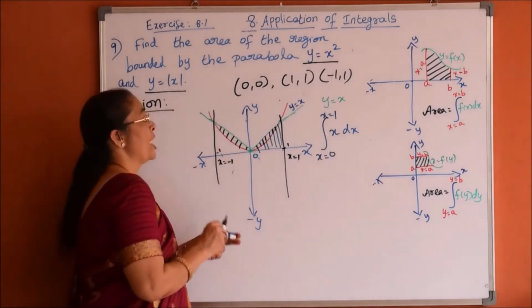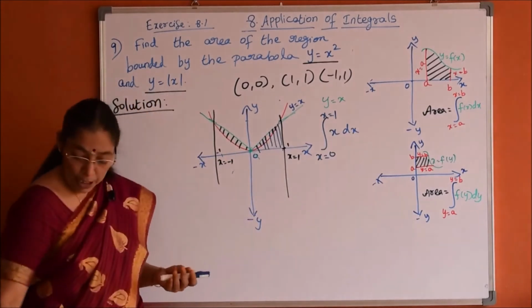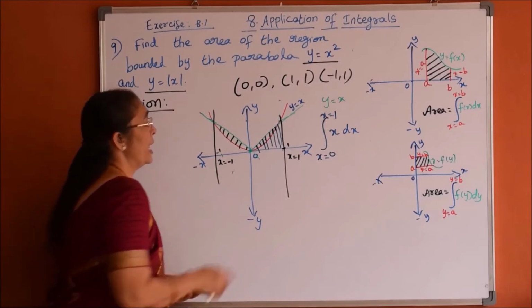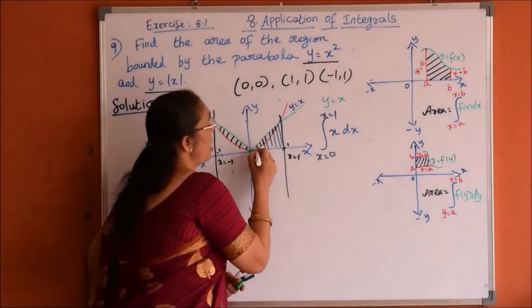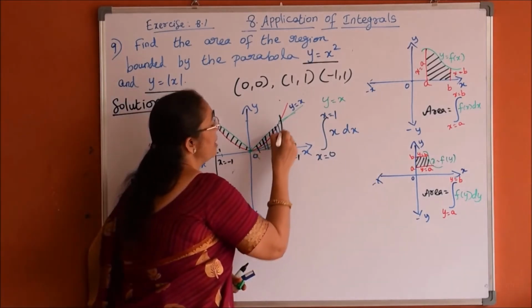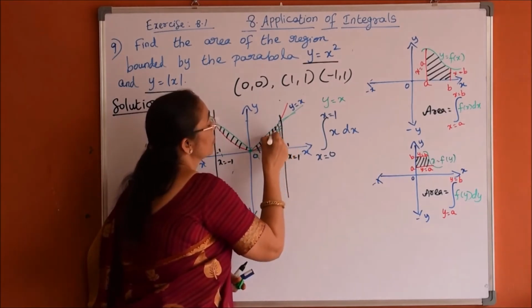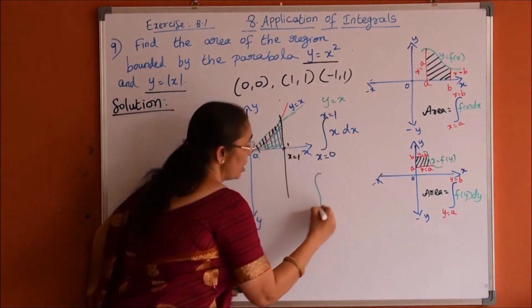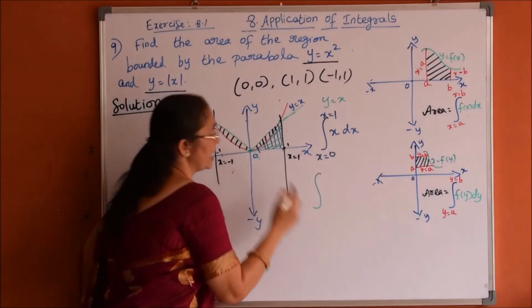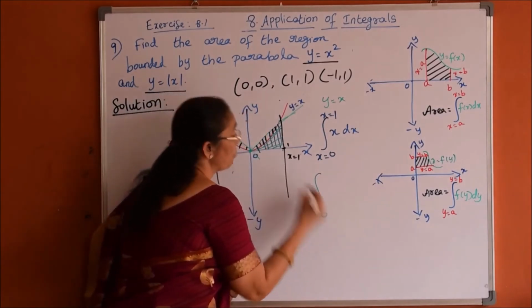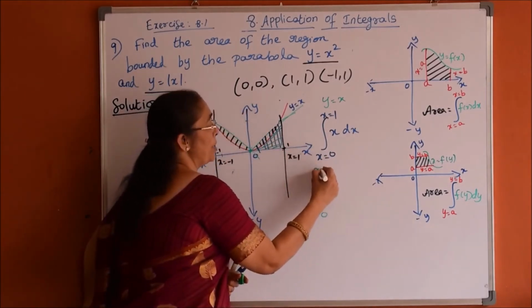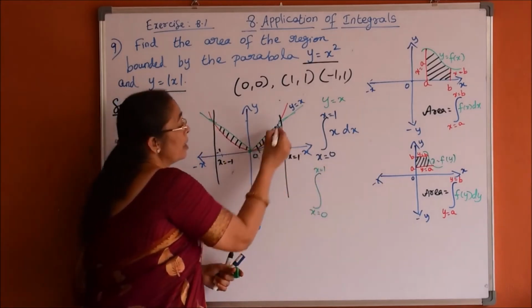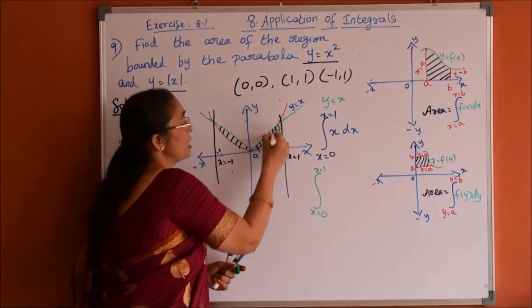Now next, let me find out the second integral, that is the area covered by this green one, the area between the lines x is equal to 0 and x is equal to 1 by the parabola curve. You can see this parabola curve.